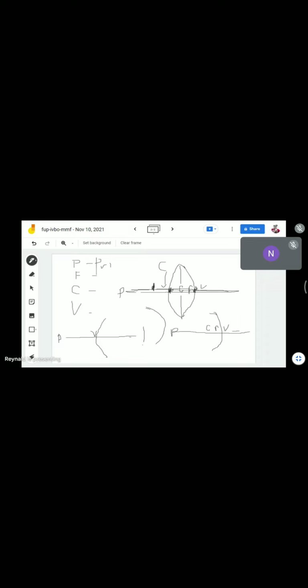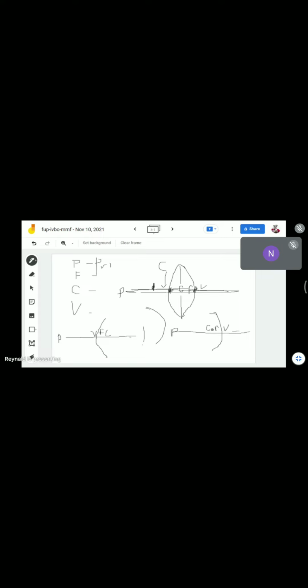The center of curvature is on this side, of course. And then the focus is in the middle of the vertex and the center of curvature. Is that part clear, or confusing?